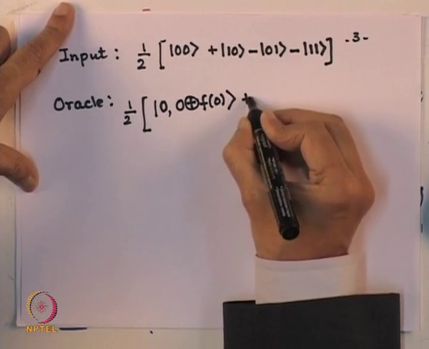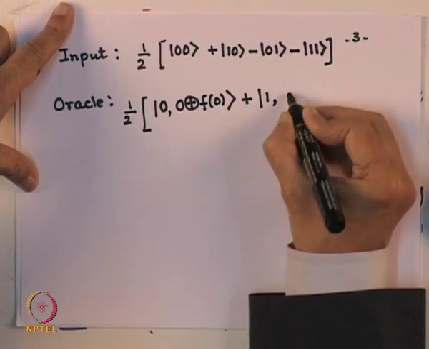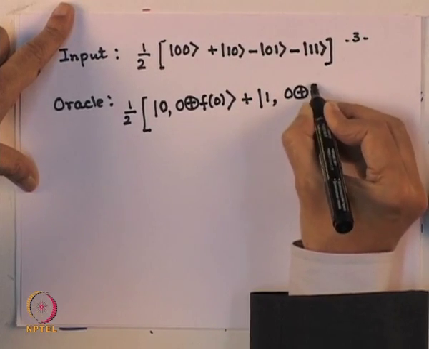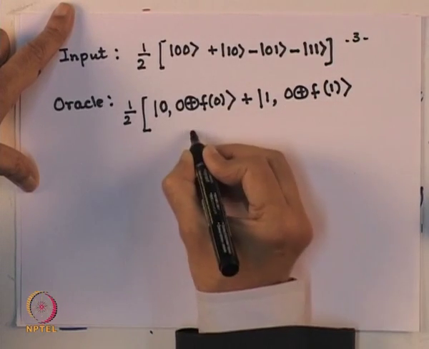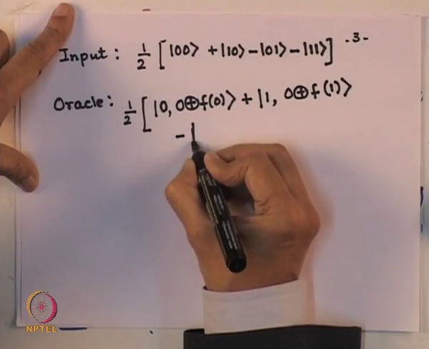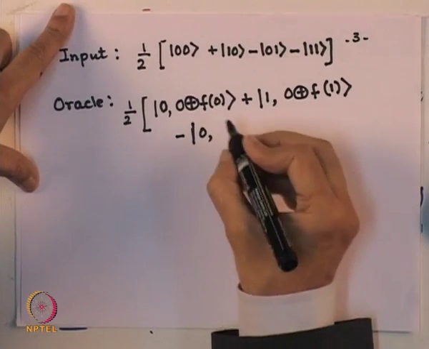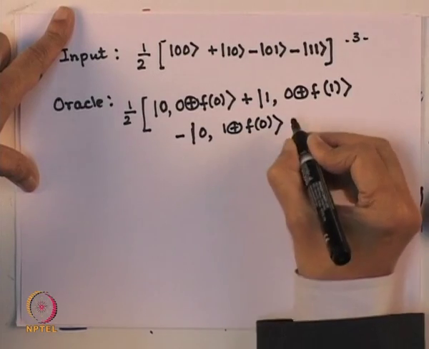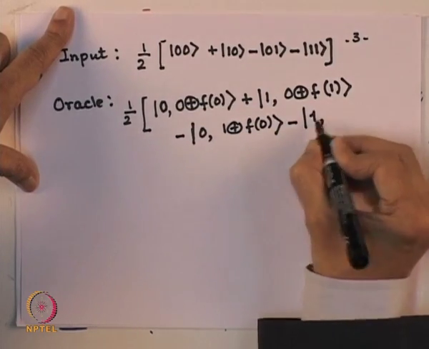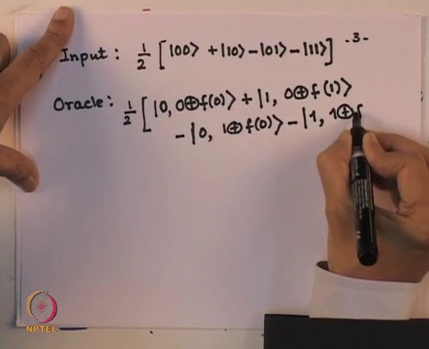So there will be 4 terms here: 1 comma 0 plus f1, minus 0 comma 1 plus f0, minus 1 comma 1 plus f1.